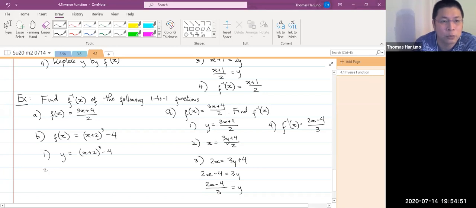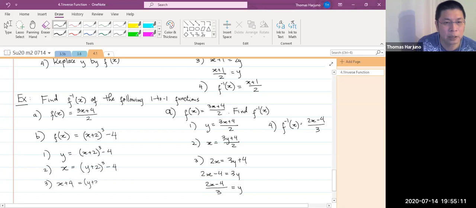And then step 2, I swap the x and y. Step 3, I solve for y. So I add 4 to both sides first. And then to undo the cube, I do the cube root.